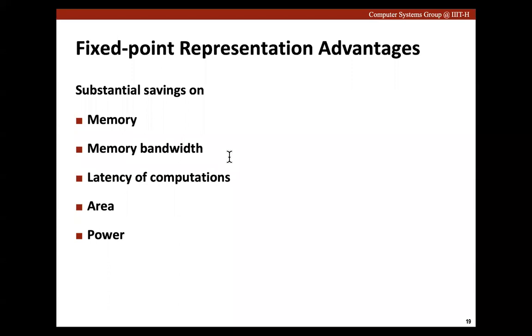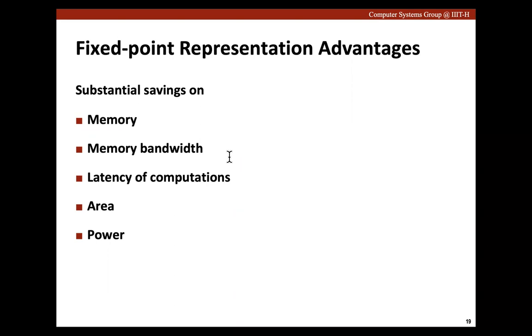For example, if you use 16 bits or 15 bits instead of 32, the effective DRAM capacity doubles. And the memory bandwidth also increases, right? Because memory bandwidth is a serious constraint.